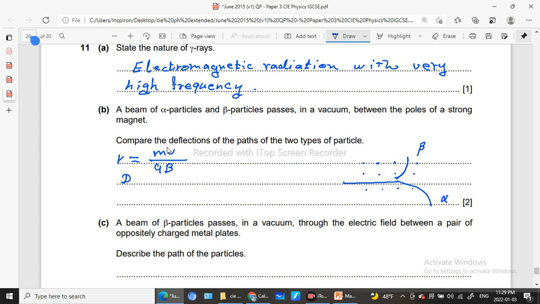So since the mass of alpha particles is much greater than the mass of beta particles, the deflection of beta is much greater.